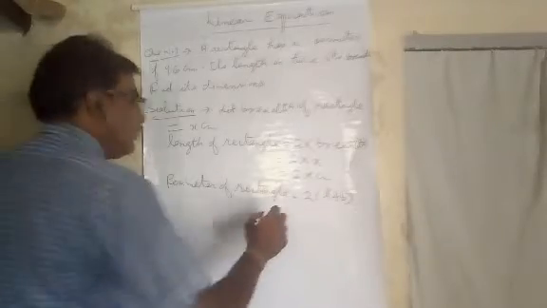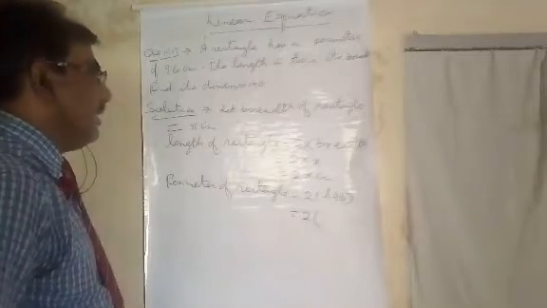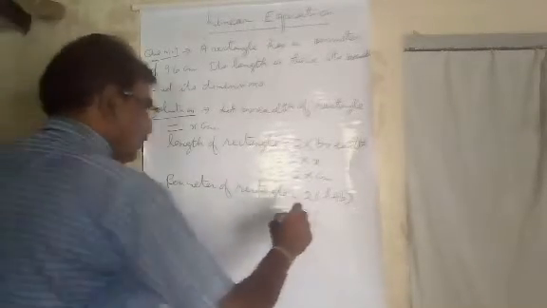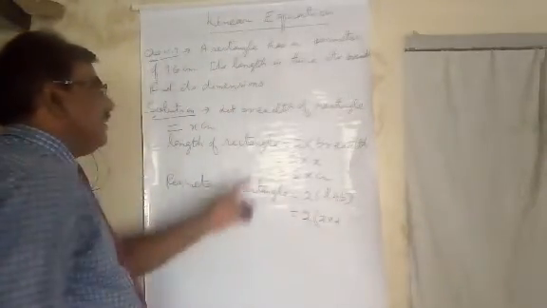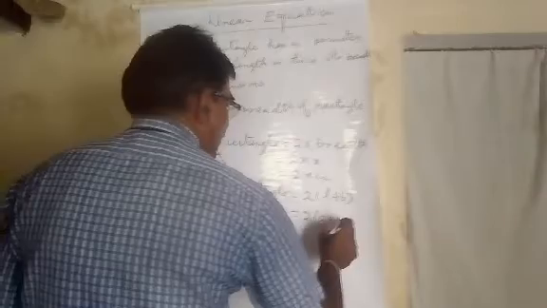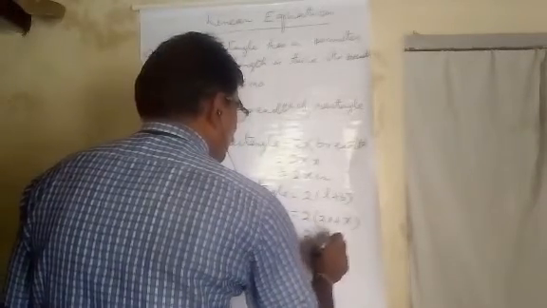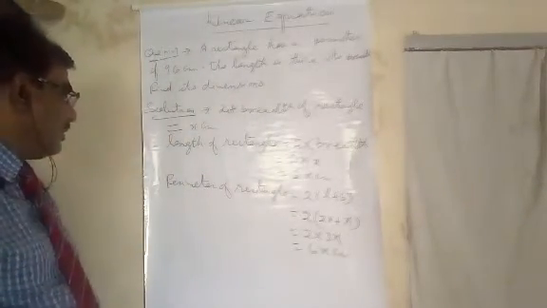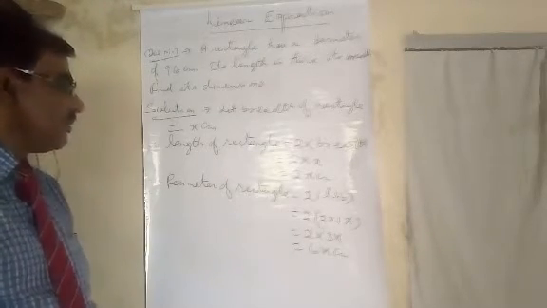So we have to put the value of length, which is 2x, plus the value of breadth, which is x. Therefore 2 into 3x equals 6x centimeter. Perimeter of rectangle equals 6x centimeter.